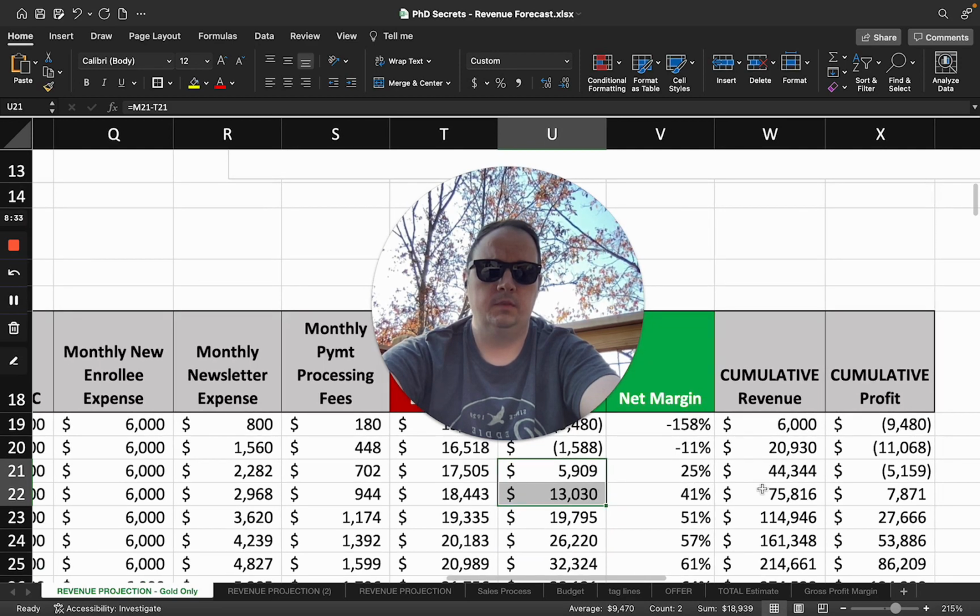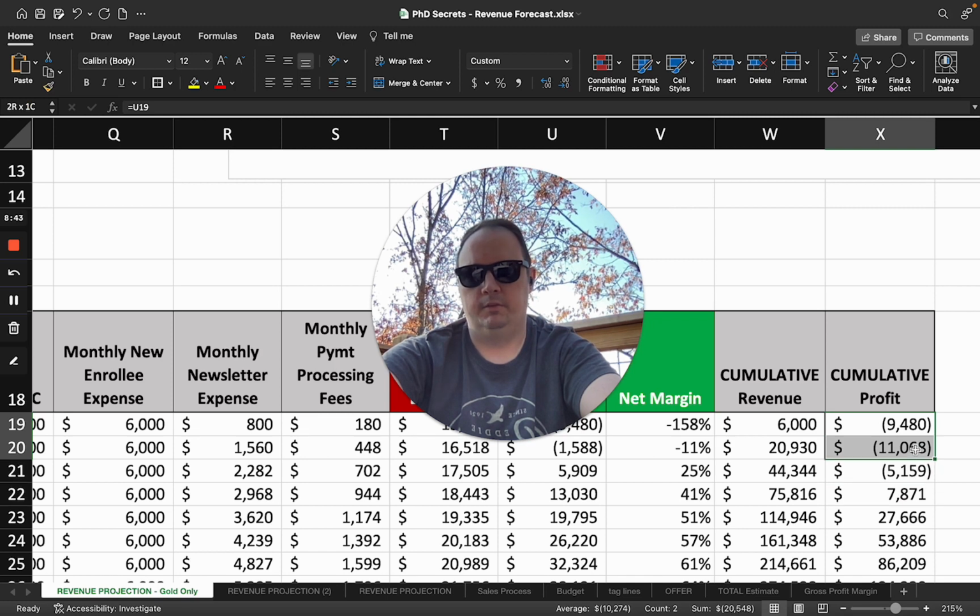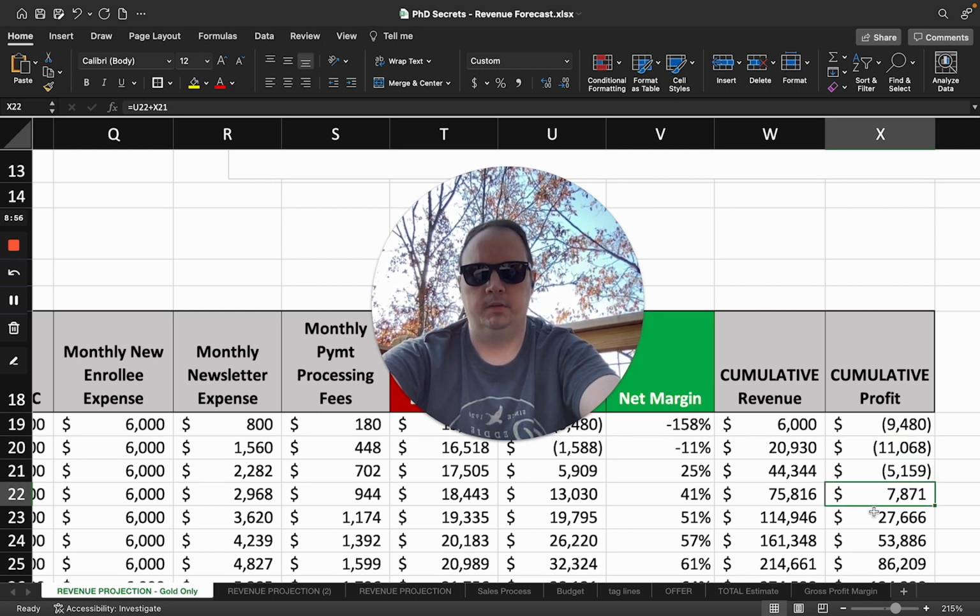Okay, and here's actually tracking cumulative profit. Month 1, month 2, negative. I'm going to have to be out of pocket up to $11,000 in month 2. That'll go down a little bit month 3, and then I'll be back in the black in month 4.